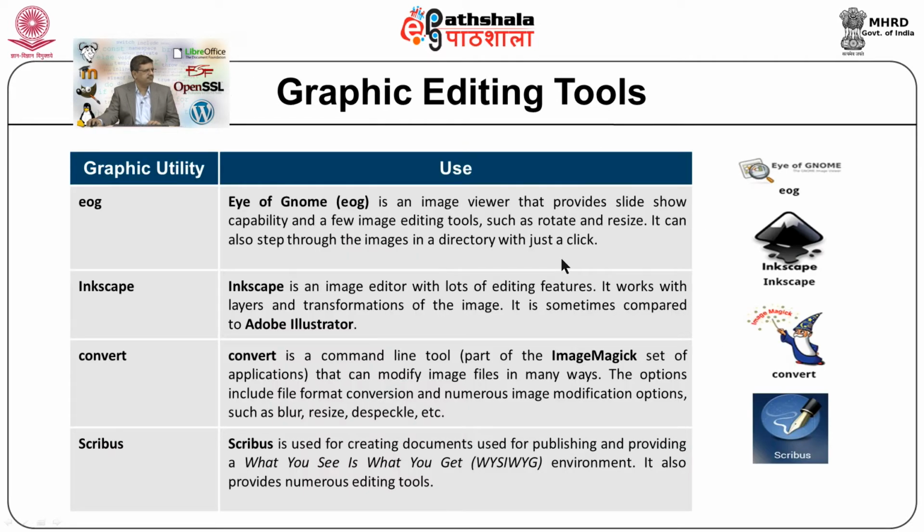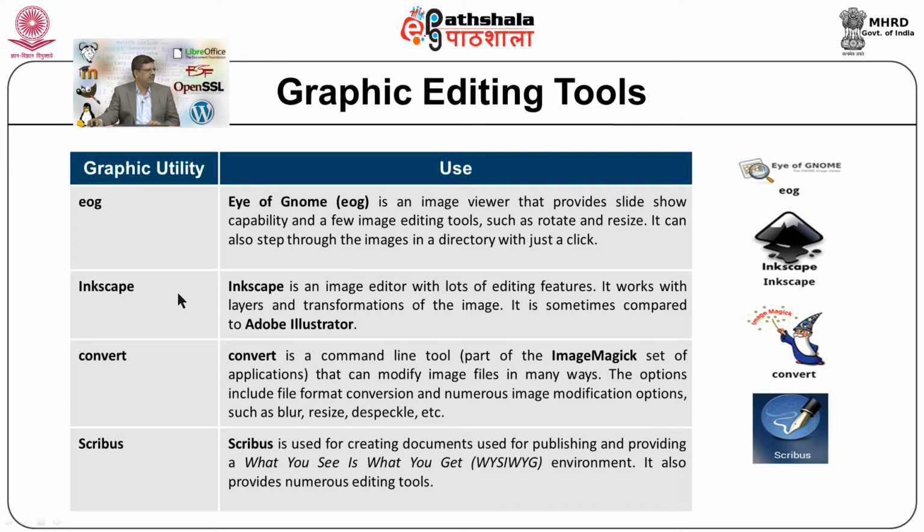There are graphic editing tools. There are tools which can support vector level graphics, which come with tools like a paint brush. You can paint, you can draw shapes, etc. There are tools like EOG, which is Eye of GNOME.